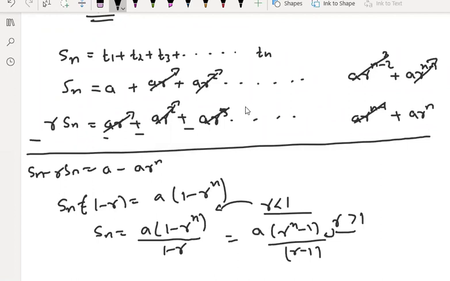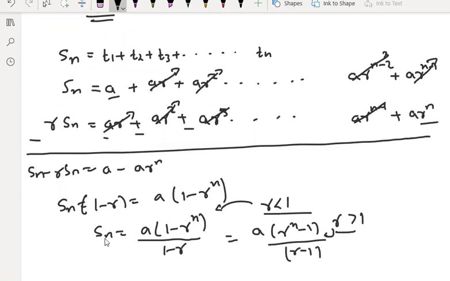You are left with the first term, which is A, and the last term, which is A R to the power n. So Sn minus R Sn is equal to A minus A R to the power n. Here you can take Sn common, bracket 1 minus R, and here you can take A common, bracket 1 minus R to the power n.